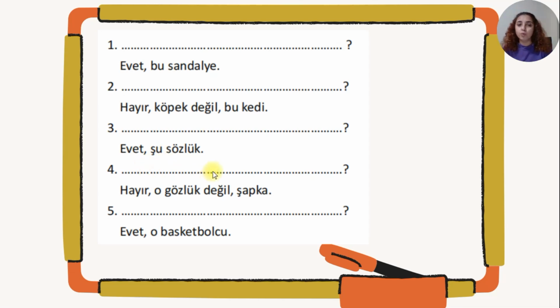O gözlük mü? Hayır, o gözlük değil. Şapka. No, it is not a glasses. It is a hat. O basketbolcu mu? Is this a basketball player? Yes, it is. Okay. This was the last exercise that we need to do about this.